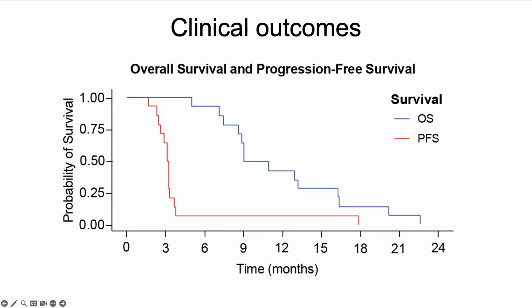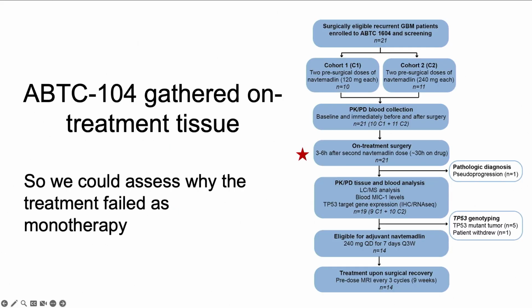Basically, we would get an MRI as we started the trial, and then treat with navtemadlin, and then 3 months later get another MRI to see how things were going. The tumor had grown, and we'd move on, right? So it's basically immediate progression. And I should point out that this is navtemadlin as a solo agent. There's another arm of the trial which is using it in combination, which I'm hoping will do better. But here we have a clinical trial where we're seeing things that don't really work very well.